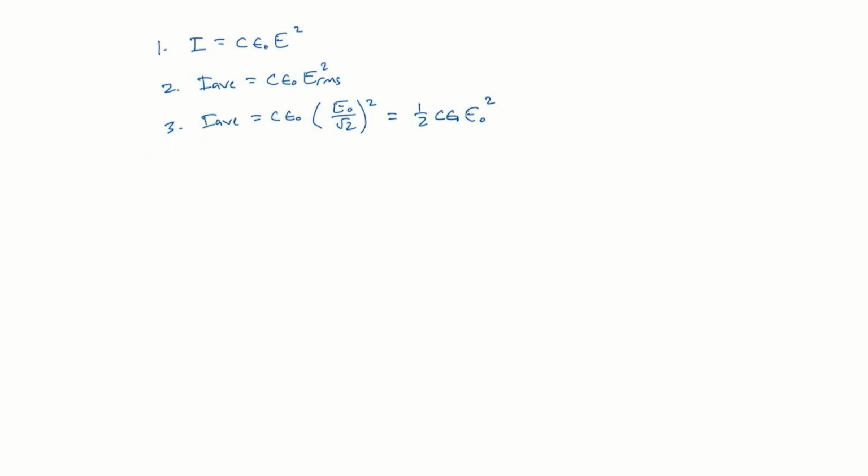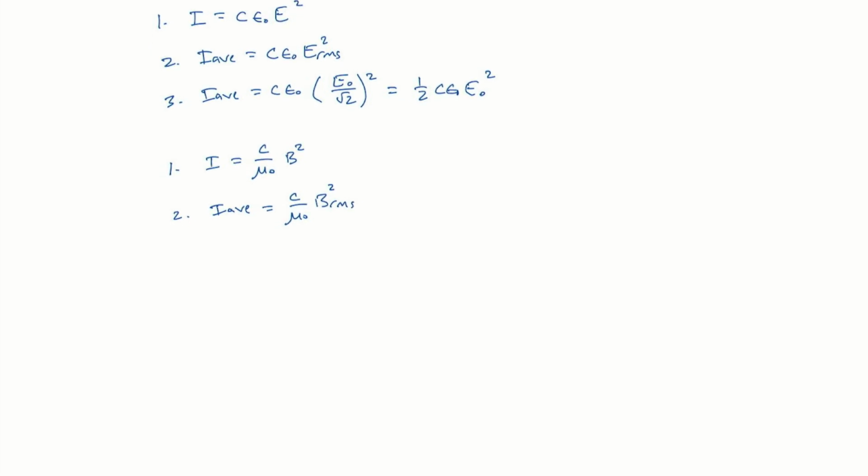And so we have a similar 3 for the magnetic field. We start with intensity is C over mu 0 times B squared. And so the average intensity is C over mu 0 times B_RMS squared. And now we can find average intensity in terms of peak magnetic field.